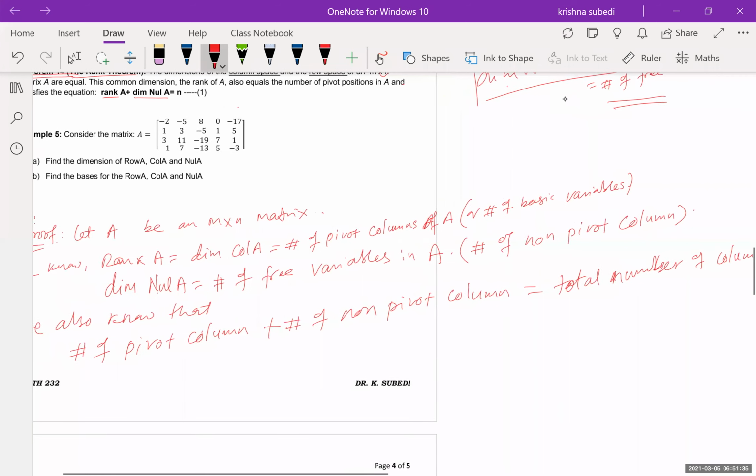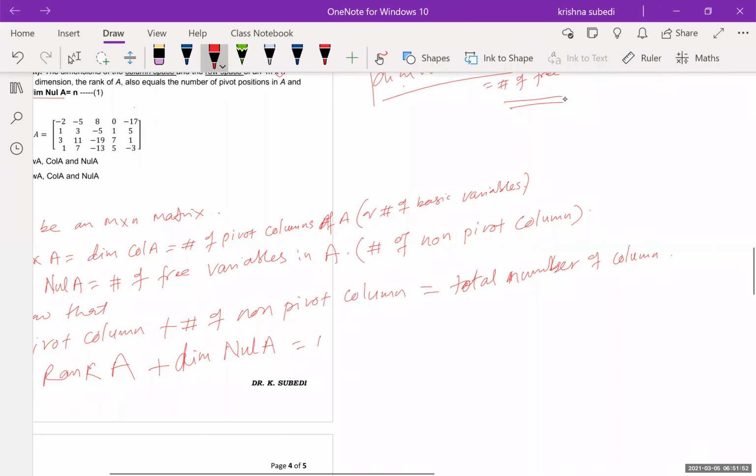Number of pivot columns is rank A, plus number of non-pivot columns is the free variables, which means the dimension of null A, and the total number of columns is n for an m by n matrix. See here, we are considering an m by n matrix, so the total number of columns is n, so it's proved.